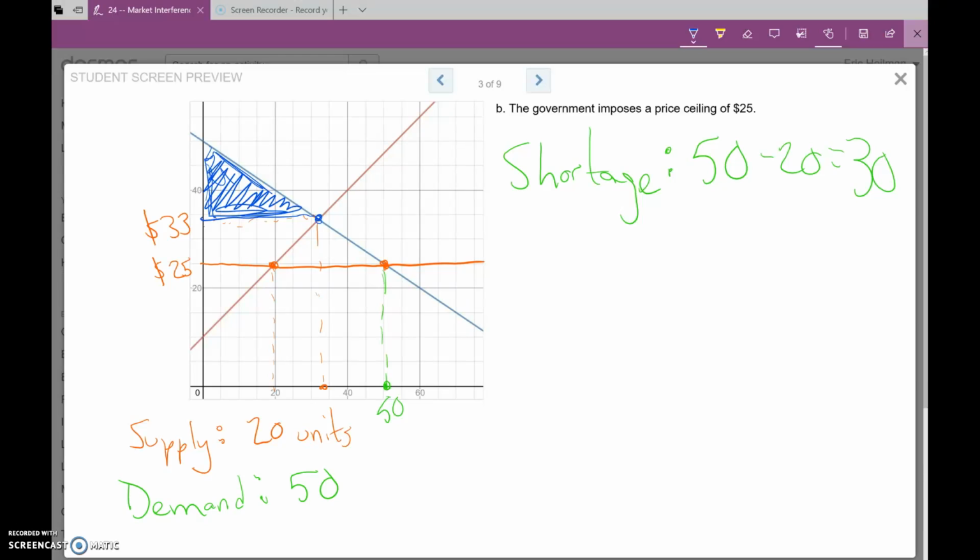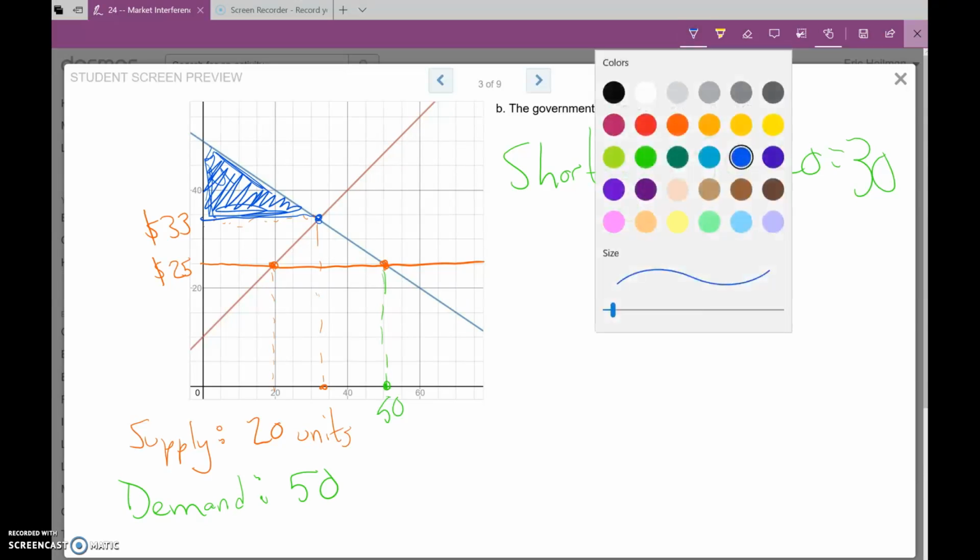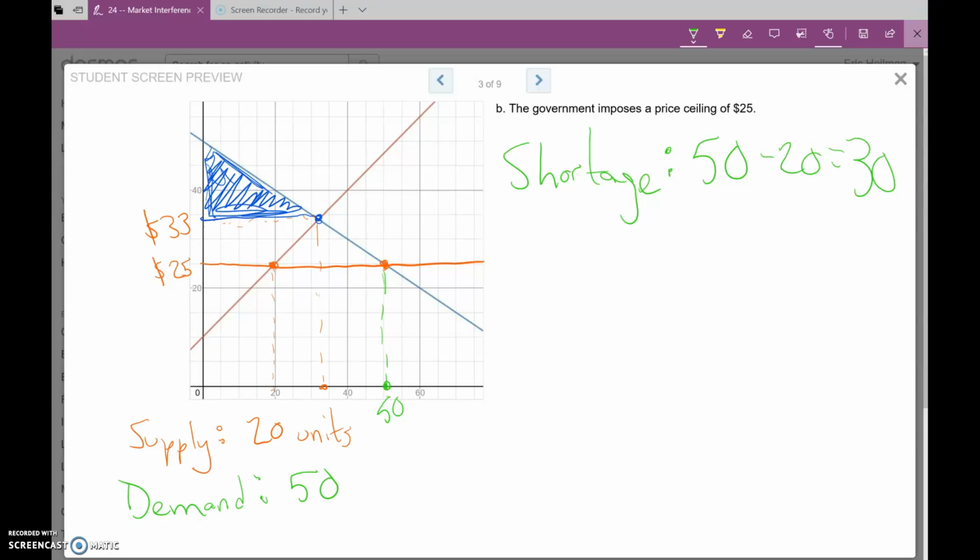After the price ceiling is imposed, consumer surplus is still going to be everything under the demand curve but above the price line. So the new quantity is only 20 units, and the area underneath the demand curve but above the price line is this trapezoid right here.